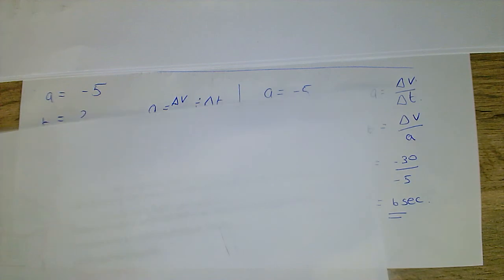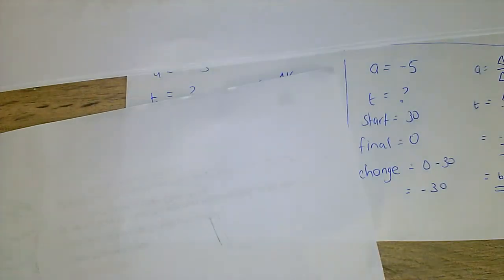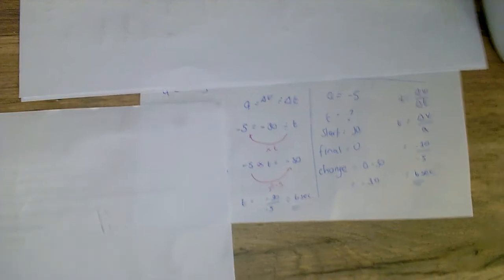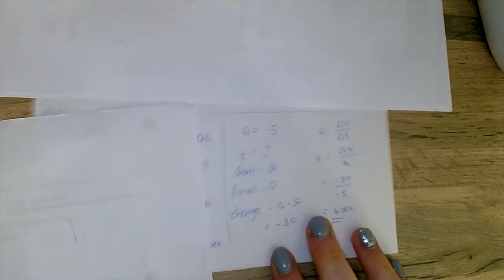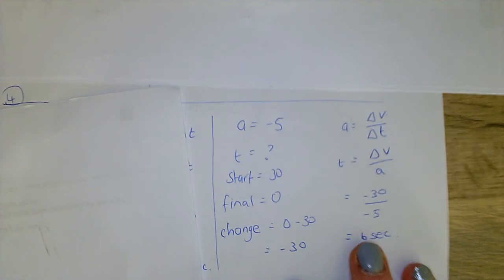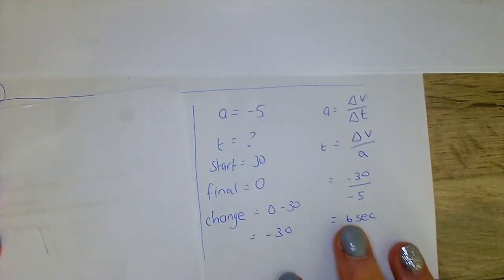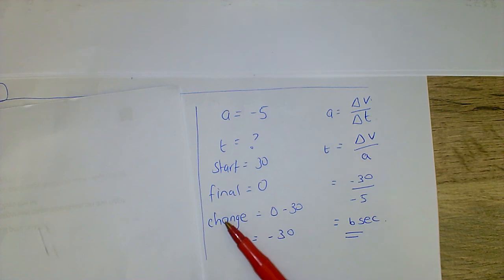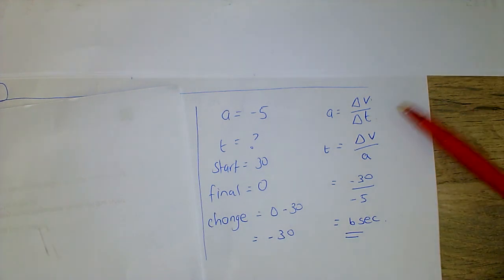The other way of doing it is rearranging the equation before you start. I've got the same amount of information as previously. Acceleration is minus 5, time we don't know, start is 30, final is 0, and the change is final take away starting, 0 take away 30.